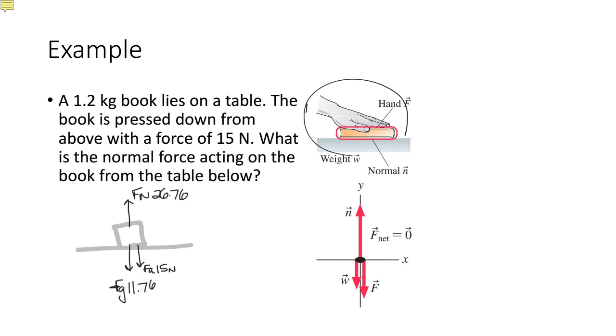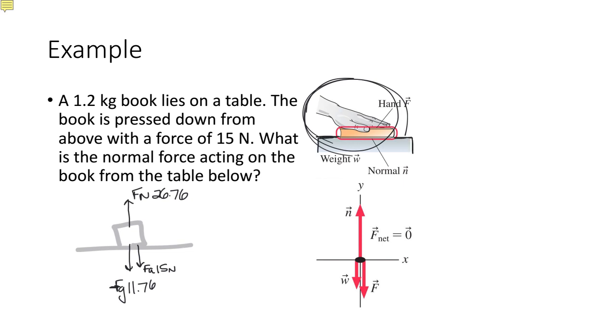So in this situation, the normal force is not equal to the force of gravity. The normal force has adjusted to be equal to the sum of the downwards forces. Technically, the normal force will continue to adjust to the force that you're applying to it until whatever force you're applying overcomes the internal tension of the object.